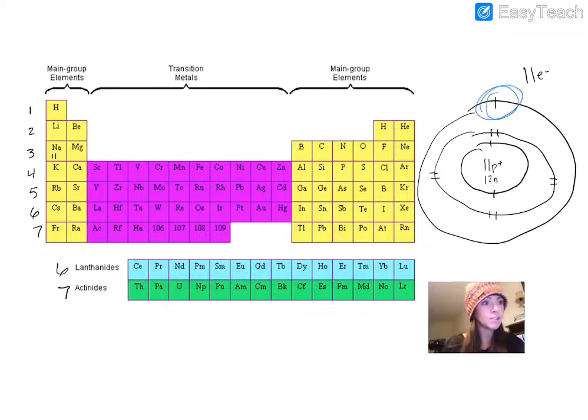All right, this electron right here is what is known as the valence electron. It is the most important electron in sodium because it is the electron that is in the valence shell. So this right here is what is known as the valence shell. All right, so that outermost energy level is important because it's what's coming in contact with other atoms.